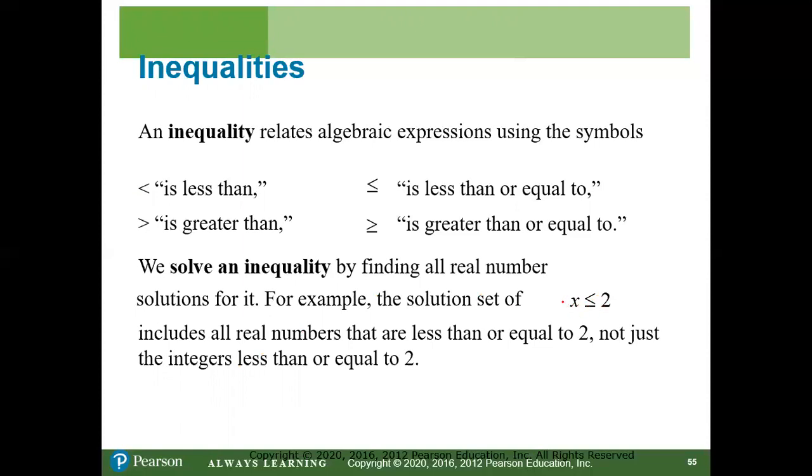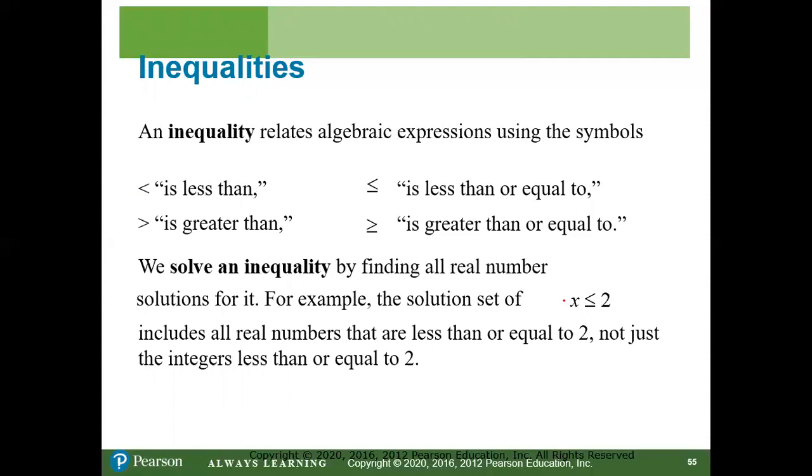So one of the things that separates solving inequalities versus solving equations is that you have infinitely many solutions for every single one of these inequalities. There are infinitely many answers here that are going to satisfy this inequality. You can come up with so many of them that are less than or equal to 2. 2 is a solution. 0 is a solution. -7 is a solution. -7.3 is a solution.